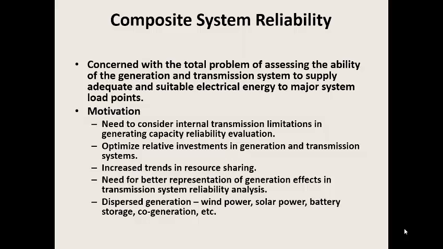As we have said before, in the multi-area reliability, the constraints of transmission within an area are reflected only indirectly while calculating the capacities of the tie lines between the areas.